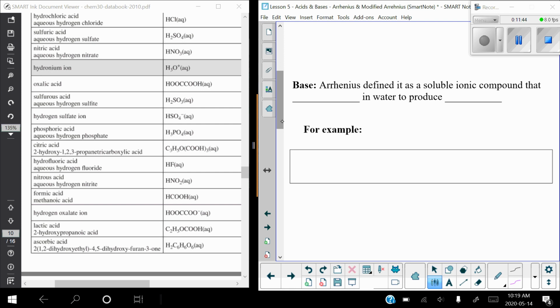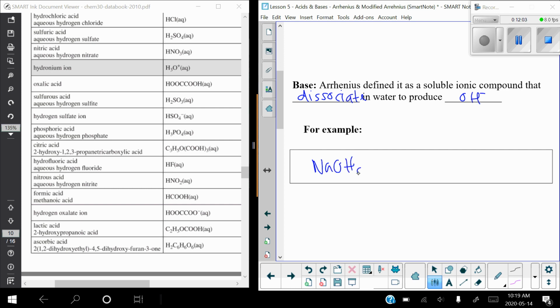Arrhenius defined a base as a soluble ionic compound that dissociates to produce OH minus in the solution. So let's take a look at NaOH.